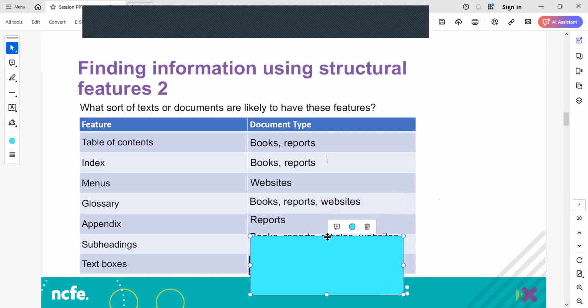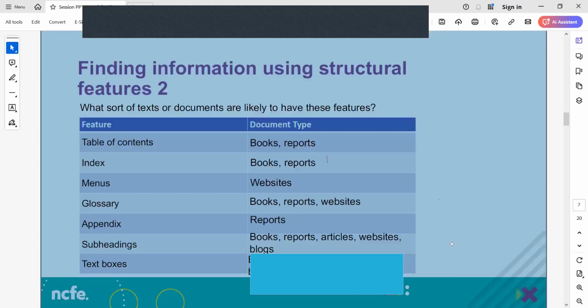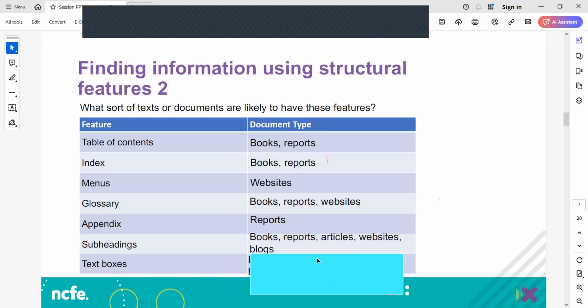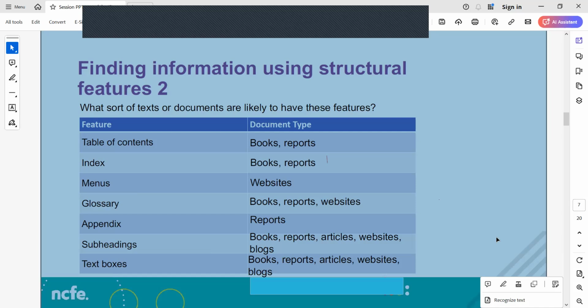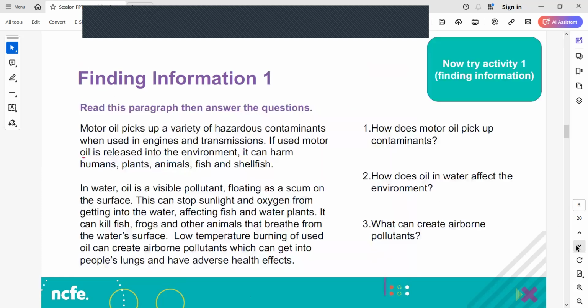And an appendix, again in a report, so additional information that is referred to in the report would be included at the end in the appendix. Subheadings, so all types of documents you might find subheadings in. And finally, text boxes we would see again in all different types of documents. Okay, any questions?